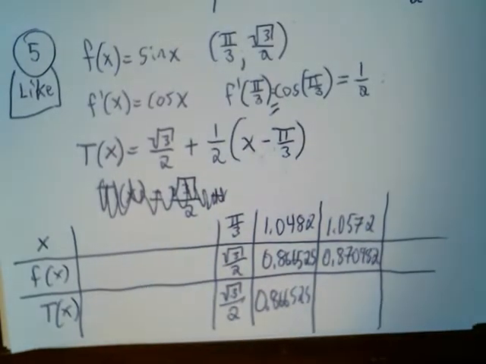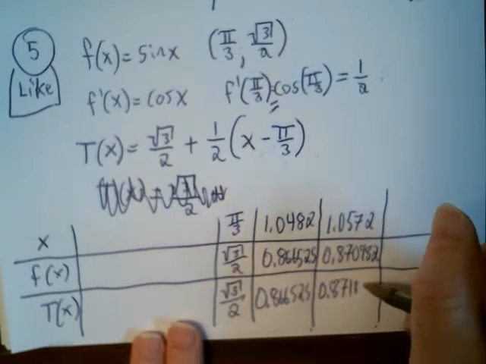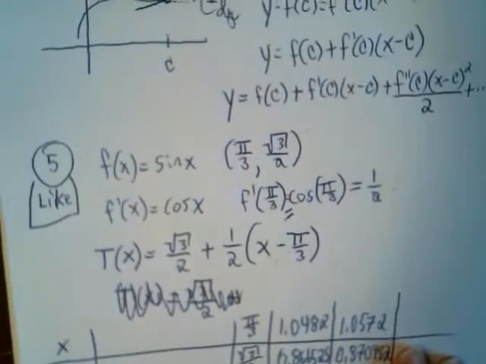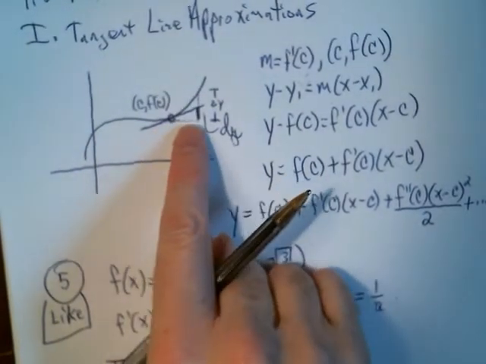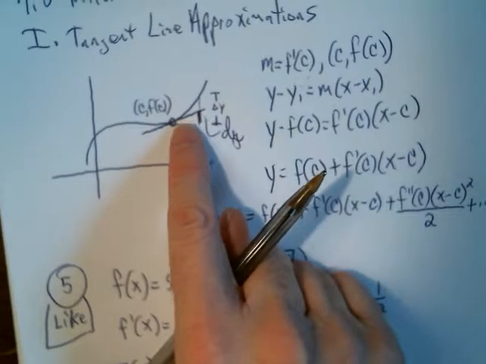And then let's do it down here as well, using my tangent line approximation. And it's starting to get different. So 0.871025.